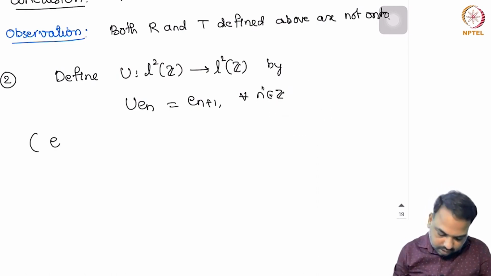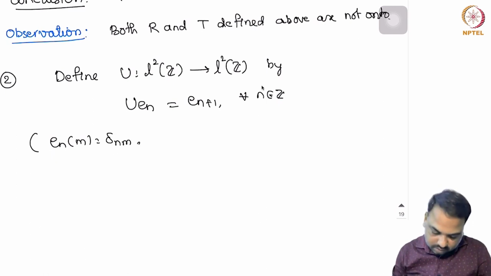So here En at m is delta nm for all m, n in Z.